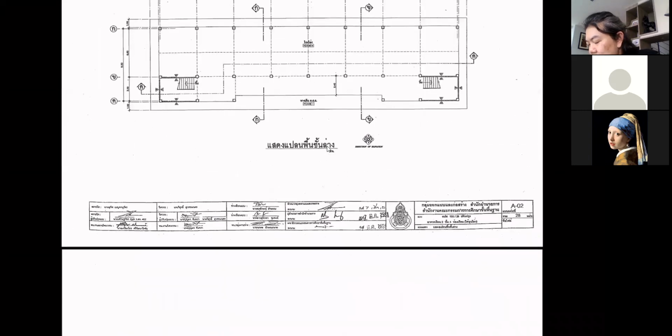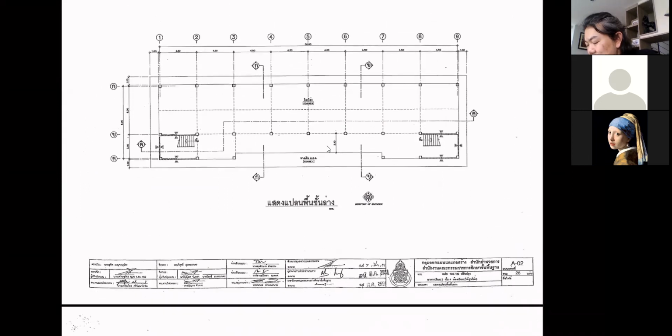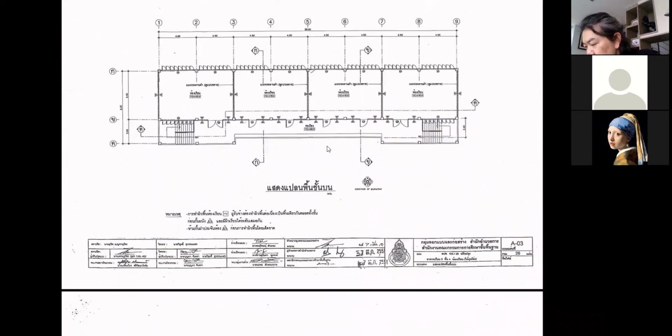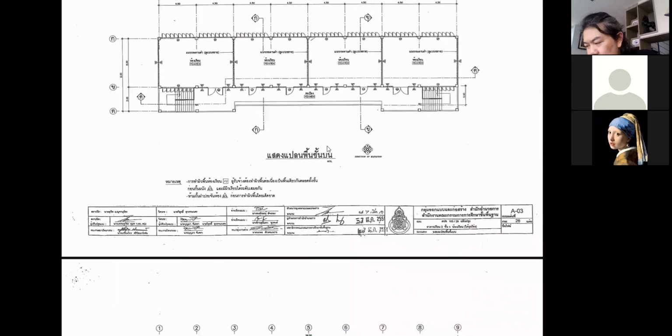This is the basic plan for the school. I think Ajahn Sutat did this for a royal patronage project when one of the schools in Chiang Rai had some bad damage after the earthquake. So the drawings are simple enough. Now I try not to spend a lot of time with this, and I'll see if you get it.